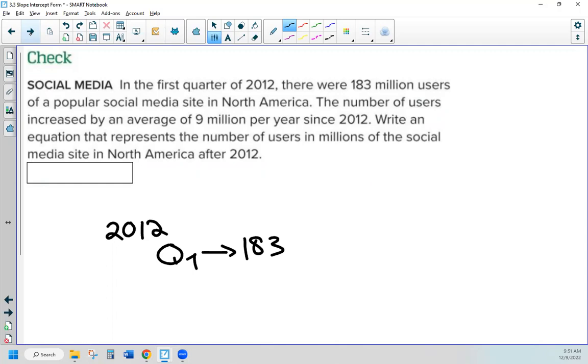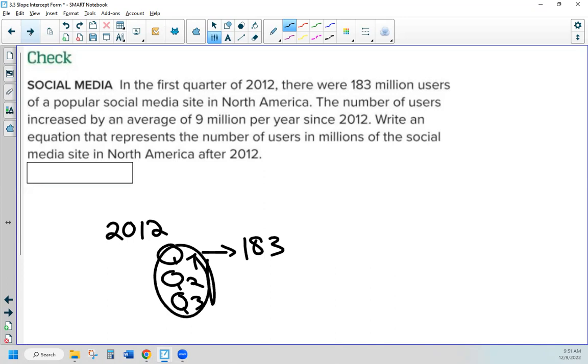There were 183 million users of popular social media sites in North America. The number of users increased by an average of 9 million per year since 2012. Write an equation that represents the number of users in millions. I don't even know why I did this quarter one, because we're not using this information right here.